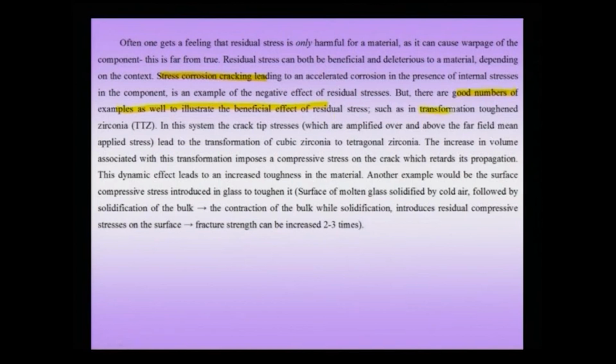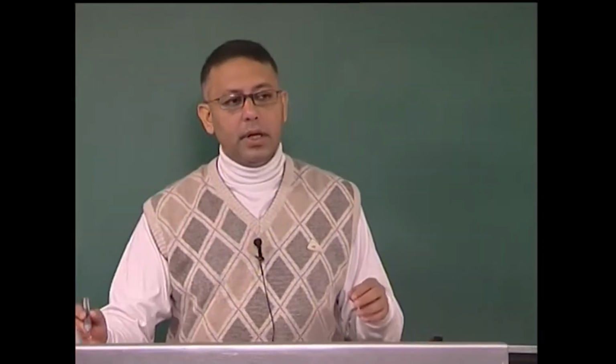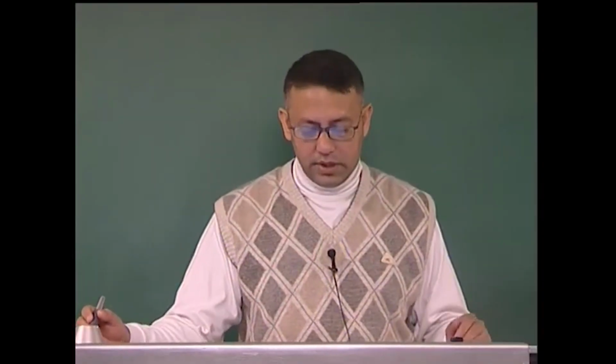When we are talking about transformation toughened zirconia, what happens in this case is that the crack tip stresses, and we saw that crack tips themselves, of course, have no stresses, but they tend to amplify far field stresses. So, we have some sort of co-opted crack tips into the definition of residual stresses.